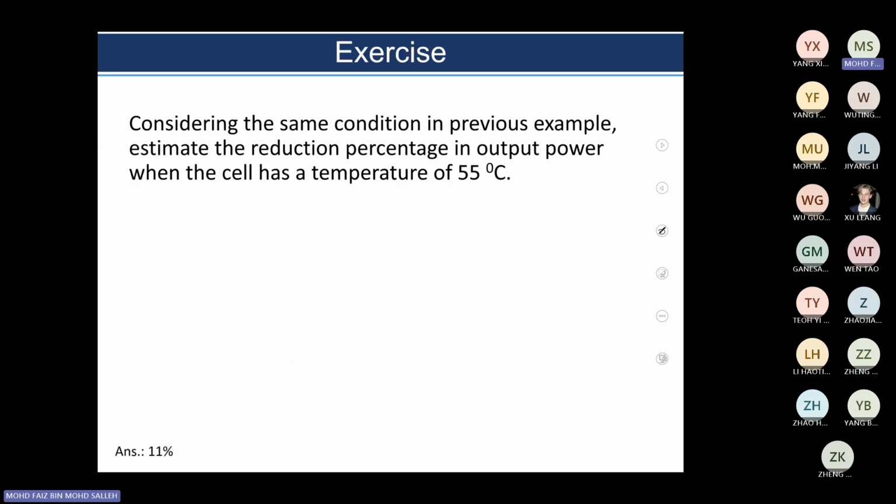However, if you put your solar cell at a certain place, in this case at a temperature of 55 degrees. You know that the previous example was at the standard test condition, which is 25 degrees, but right now you put it at 55 degrees. So how can you calculate it?